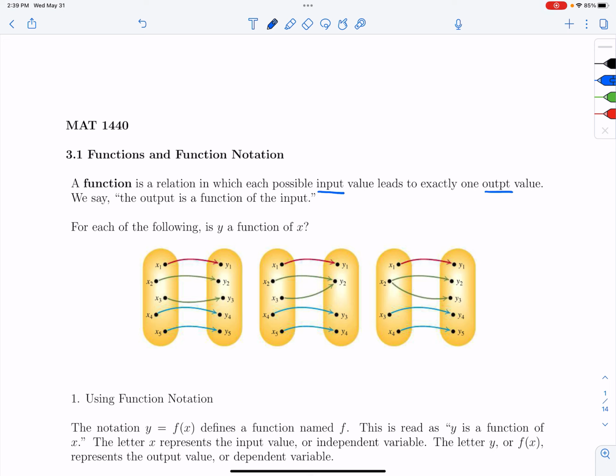So a simple example of a function is, suppose you're in a room of 20 people and everybody in the room is asked, when is your birthday?